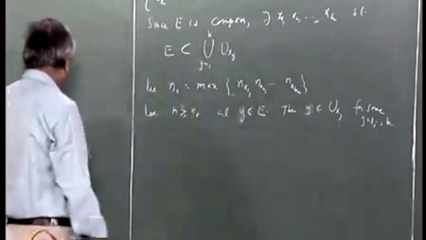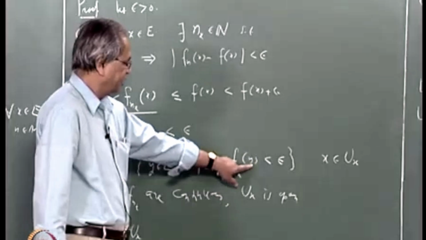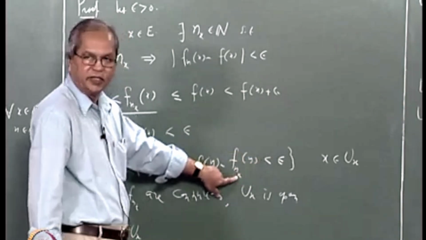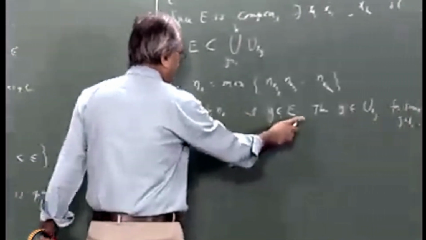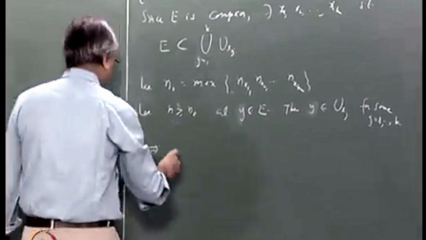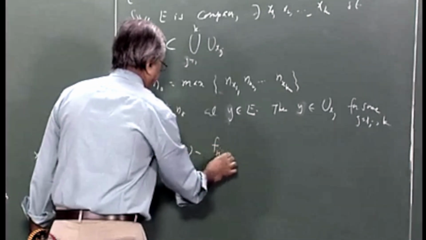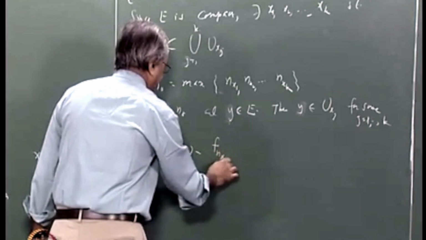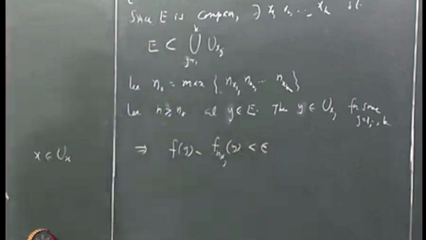Look at the definition of U_x. It is the set of all those y in E for which |f(y) - f_{n_x}(y)| is less than epsilon. Now here you have n_{xj}. So y belongs to U_{xj} means |f(y) - f_{n_{xj}}(y)| is less than epsilon.